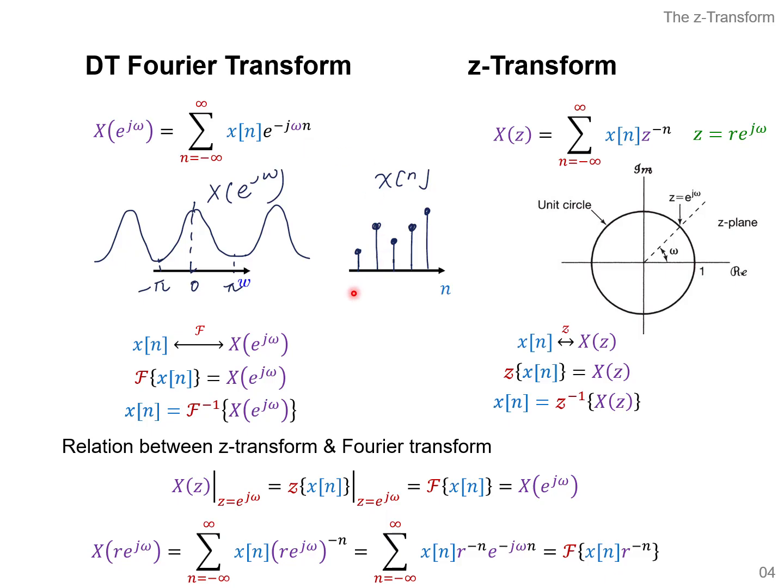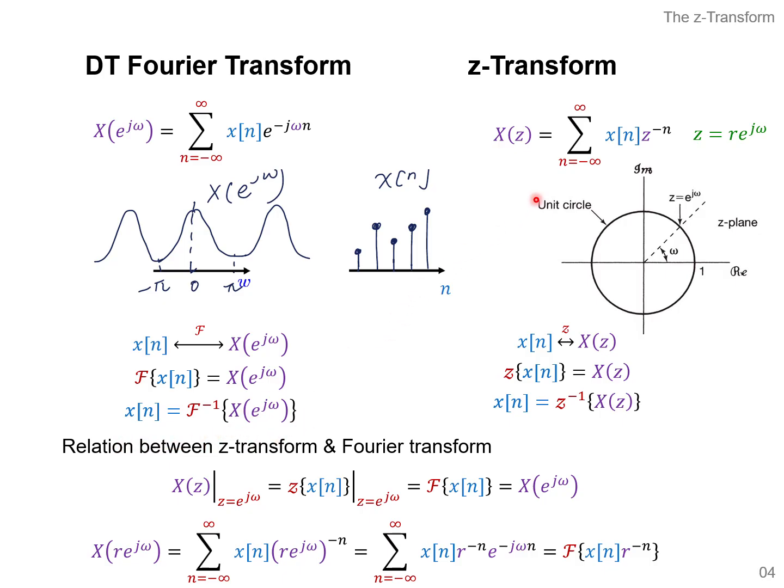The signal x of n in the time domain matches x of e to the j omega in the frequency domain. We have a formula like this. The inverse DTFT takes the spectrum back to the time signal.